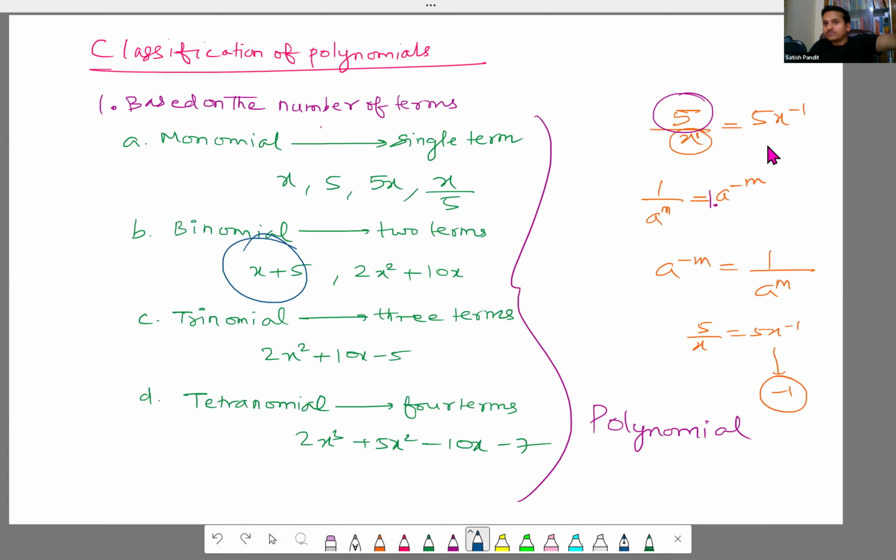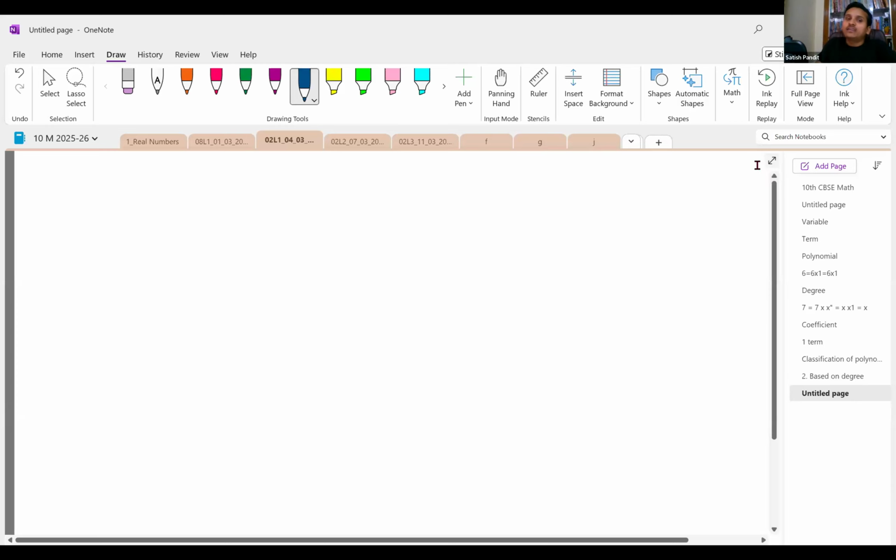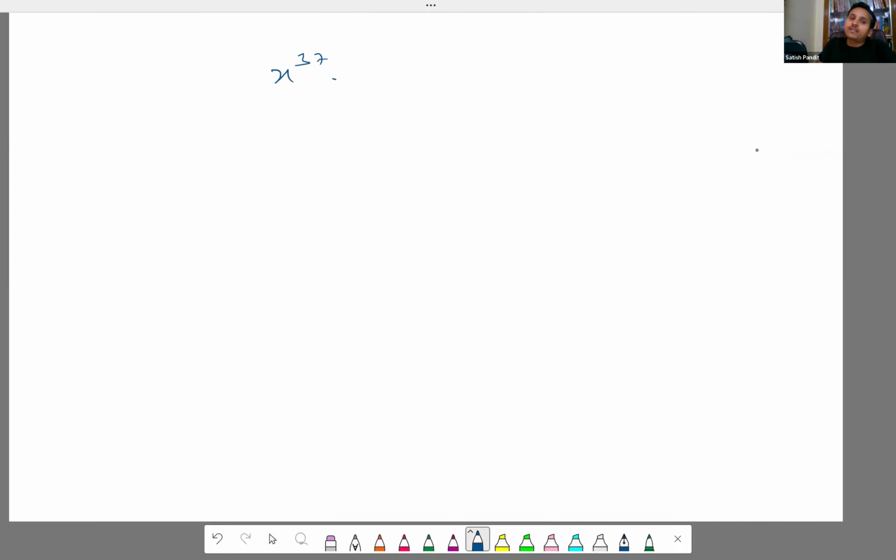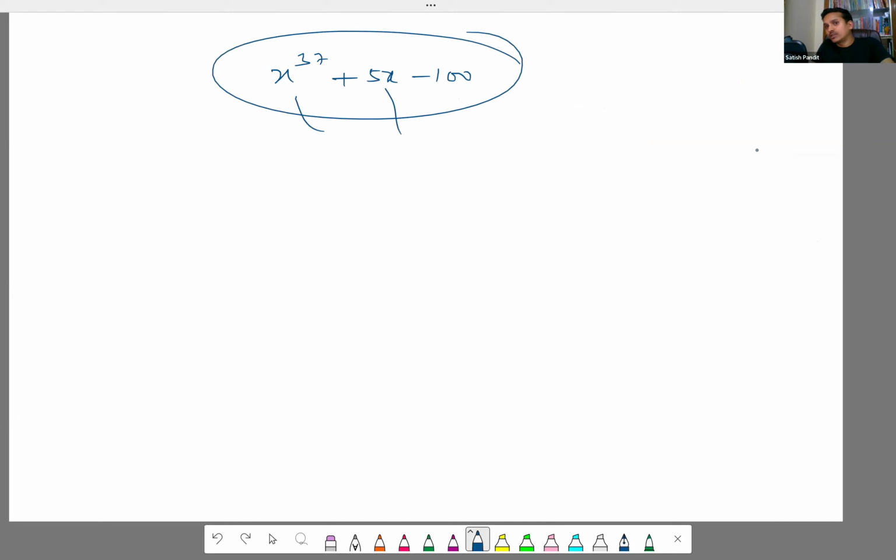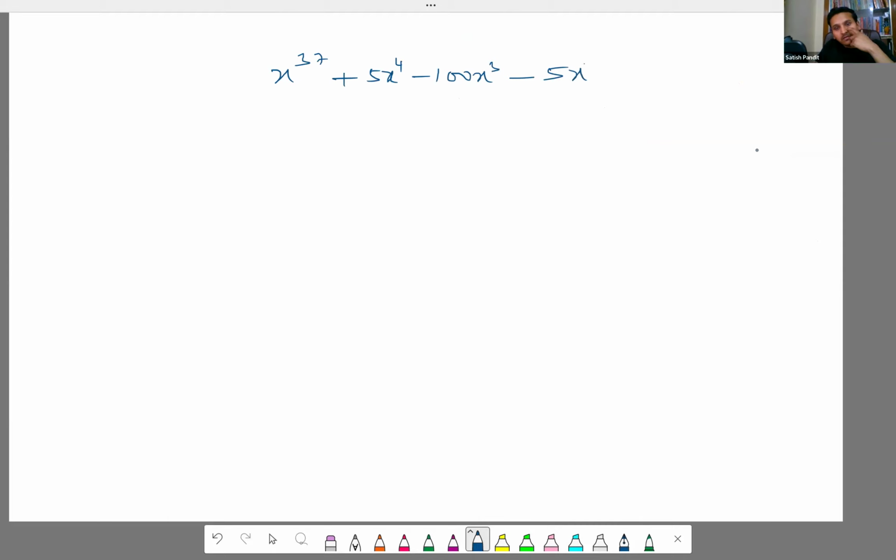Suppose I have something like x to the power 37 plus 5x minus 100. We'll say this is a polynomial of degree 37, having 3 terms. Here 1, 2, 3 terms only. This is a polynomial with degree 37 and having 3 terms. Or maybe I'll put some more terms, minus 100x plus 8, maybe plus 9.